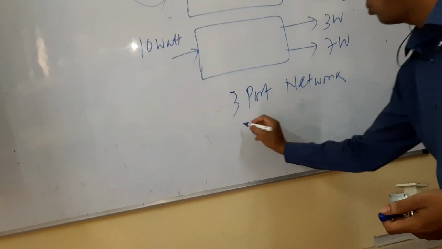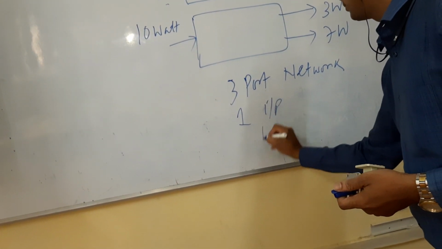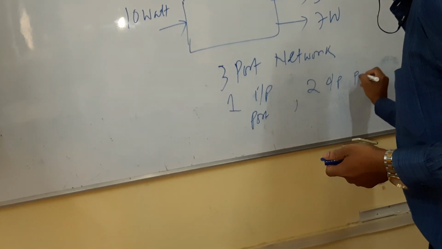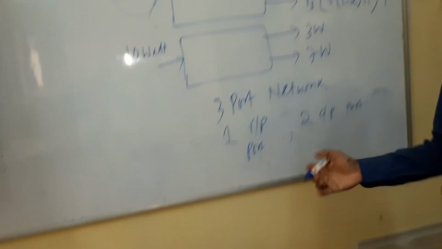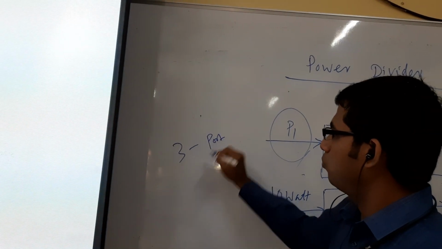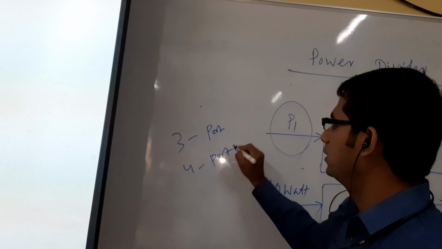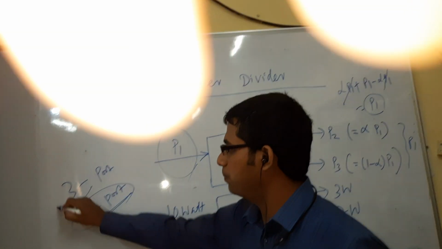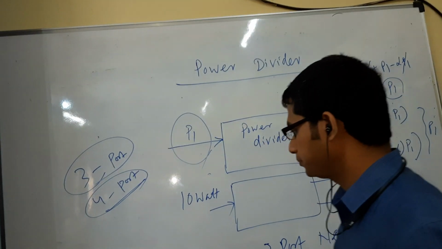That means one input port and two output ports. So we can have a 3-port power divider or also a 4-port power divider. That has 4 ports, and in a 3-port we have 3 ports.